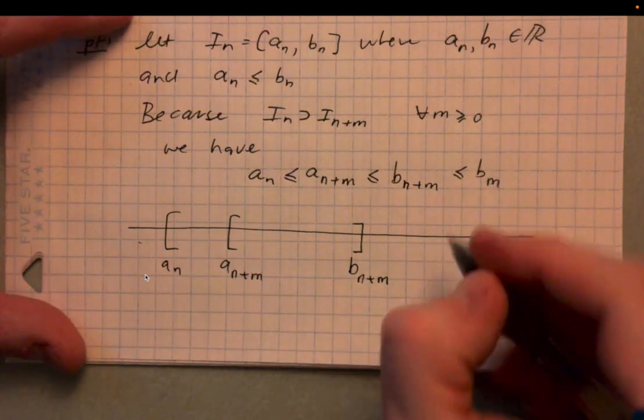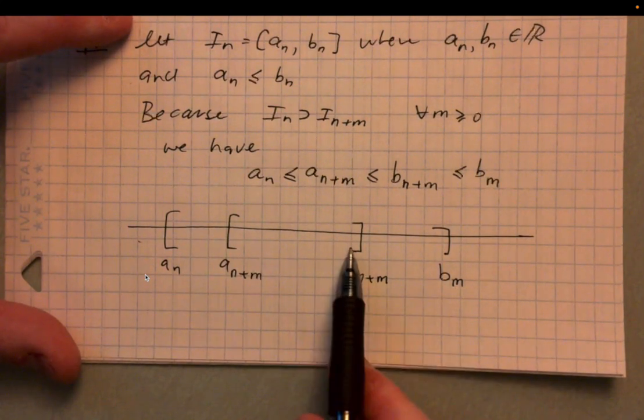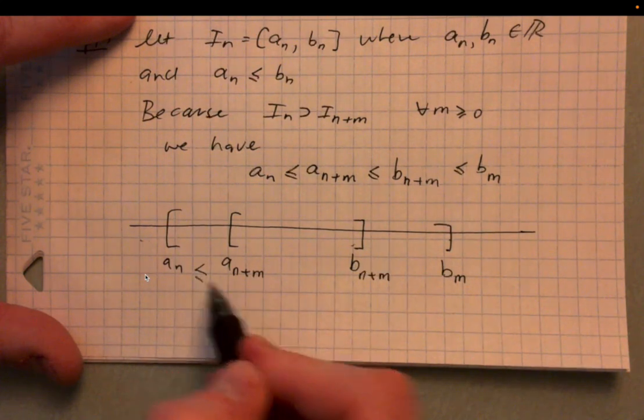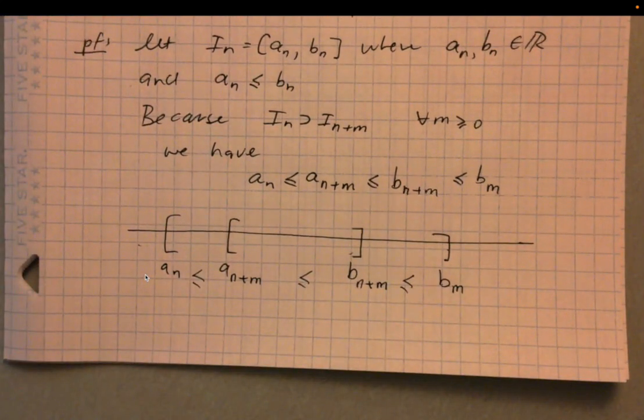And then b sub n has a smaller index, so it's going to be to the right of this one. So you have this. If we have this nested interval situation, then this is necessarily true.